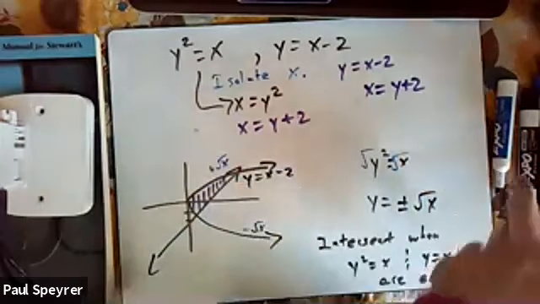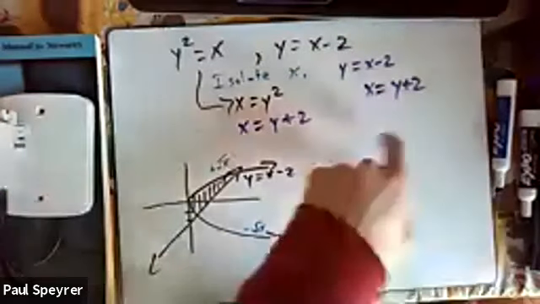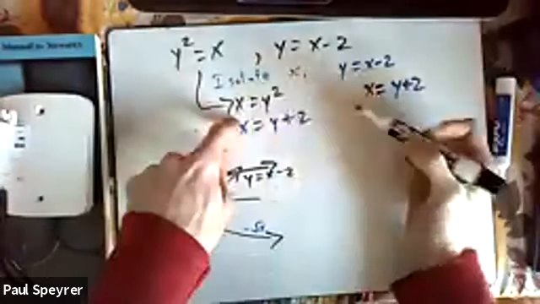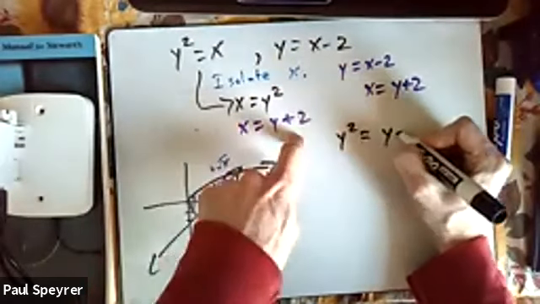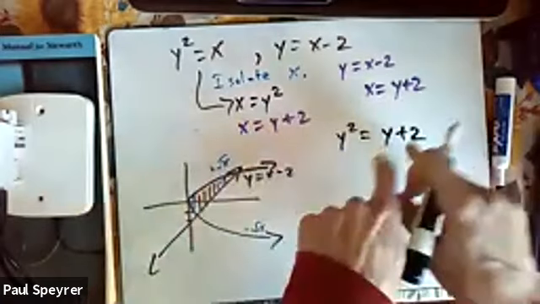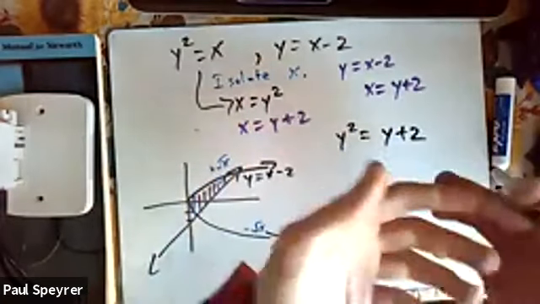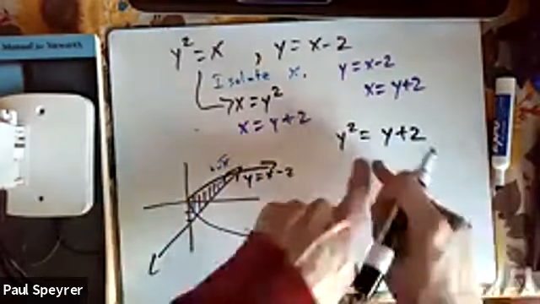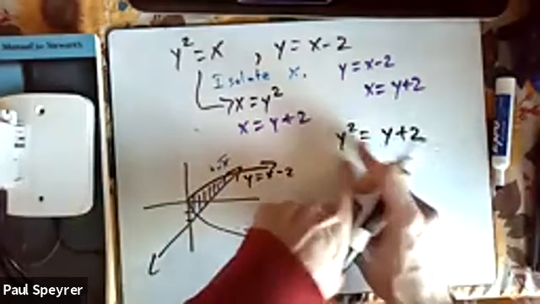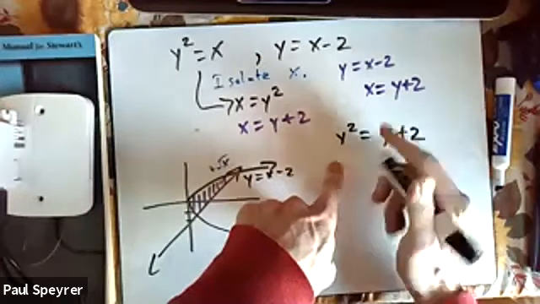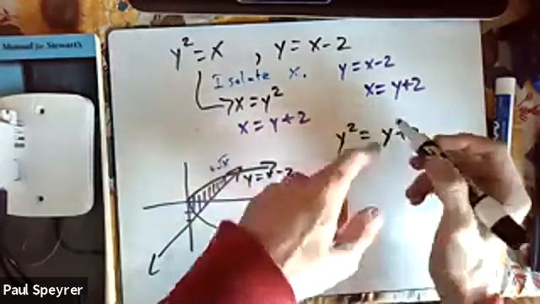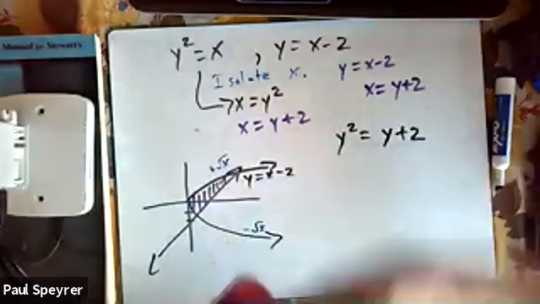From here, we're going to set these equal to each other. So now I have y squared equals y plus 2. You see the difference from integrating with respect to x. What did our intersection equations look like then? They were all x equations, like x equals x squared and so on.